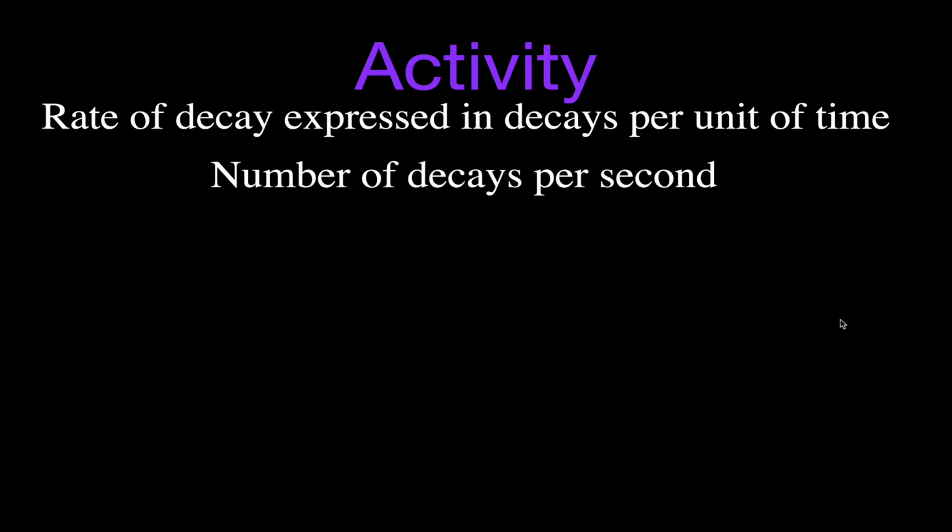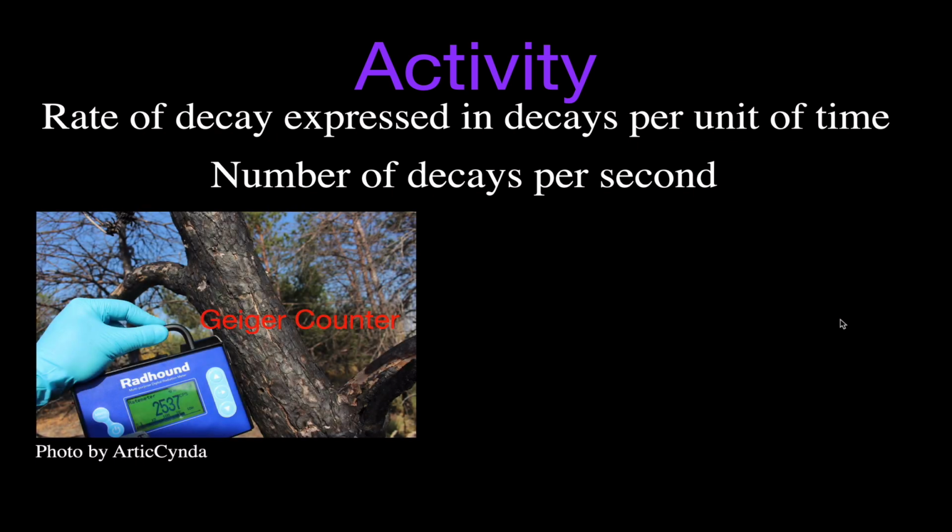You can just say that activity is the number of decays that occur per second. We have a device called a Geiger counter, which can measure the number of decays that occur per second, because it can receive those alpha, beta, and gamma particles, or energy, and it has a sensor in there that counts the number of decays per second.